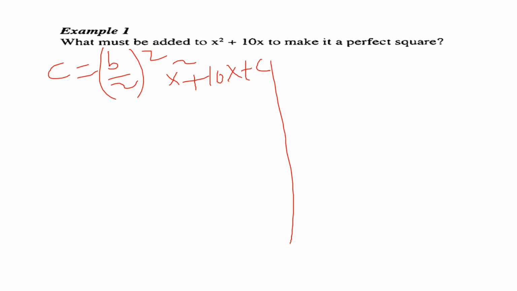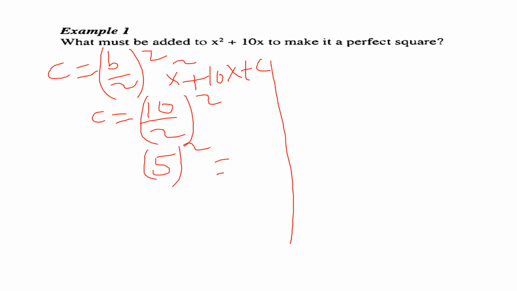And remember, for us to get this c, it will be given by the value of b here, which is 10, divided by 2, then we square this. So if you take 10 divided by 2, you get 5, then when you square this, you get 25. Meaning that 25 is the constant that can be added, so that we have x squared plus 10x plus 25, that way.